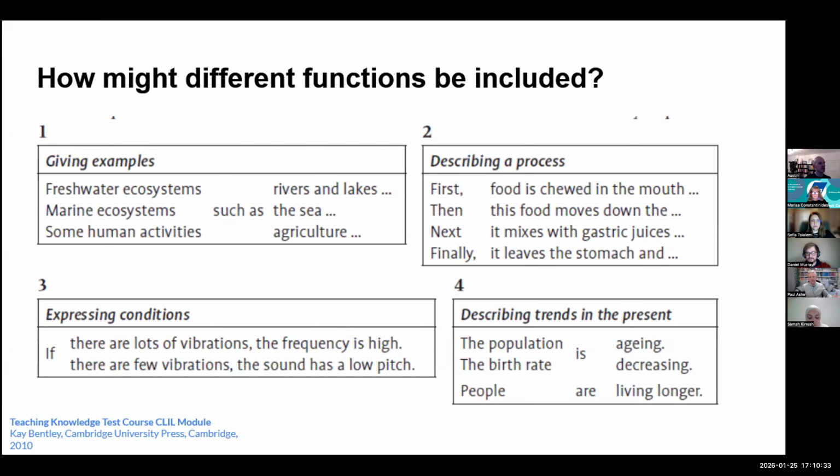You might just say, listen, this is the typical structure you might want to use when you're doing this. So again, it depends on whether we're going for hard or soft CLIL. That's quite a nice approach, actually, in looking at academic work and how it uses language to express different relationships of ideas.